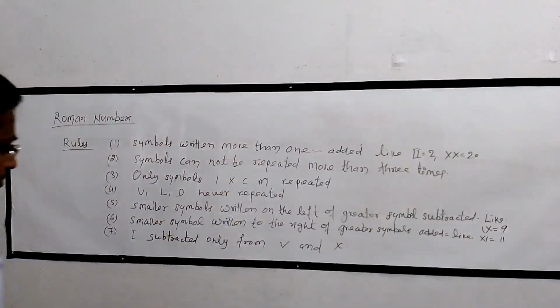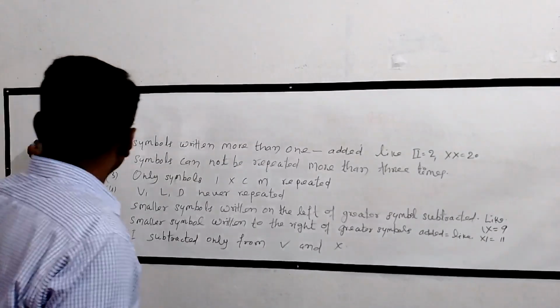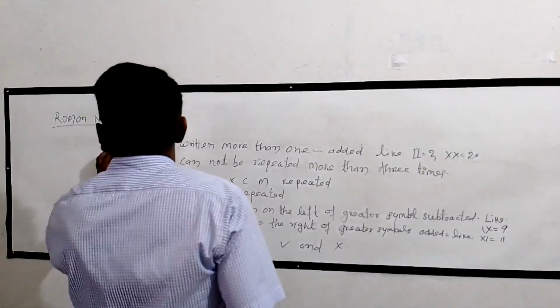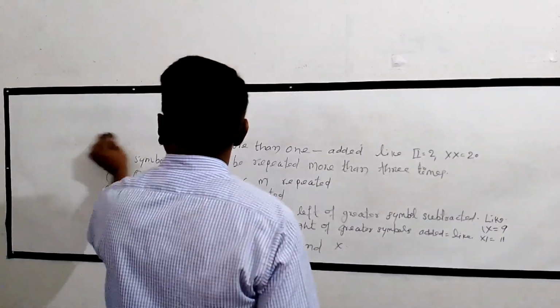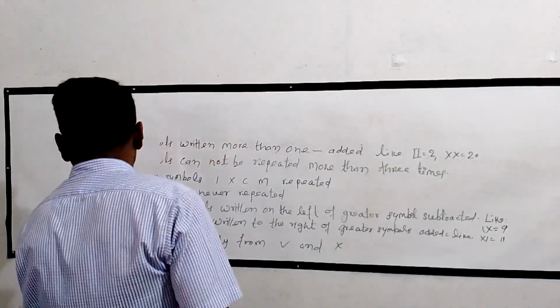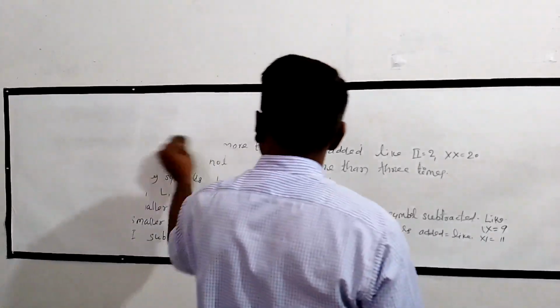So take a screenshot of these symbols and these rules. Okay, so students, now your chapter 1 has been completed here. Chapter 1 for the students of class 6 has been completed.